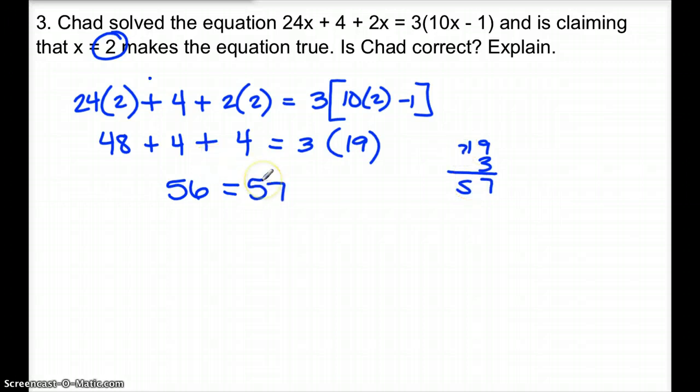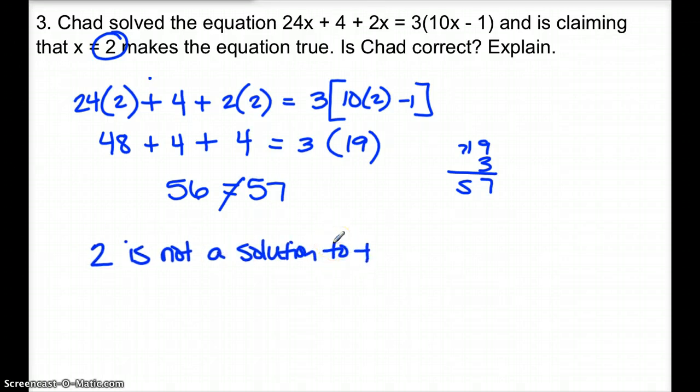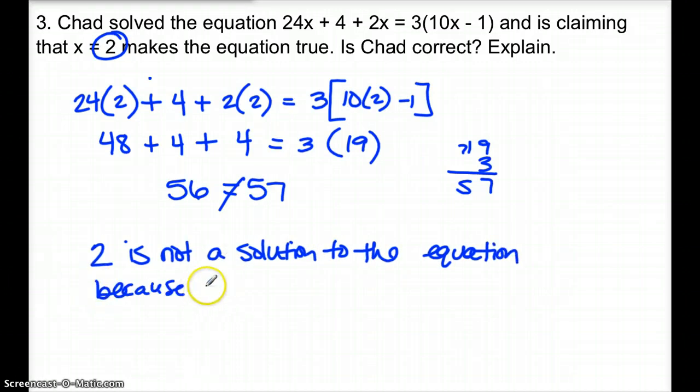So these are not equal, and we show that just by putting a slash through the equal sign. So we'll say 2 is not a solution to the equation because both sides were not equal.